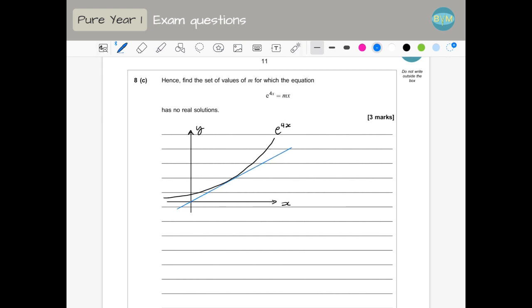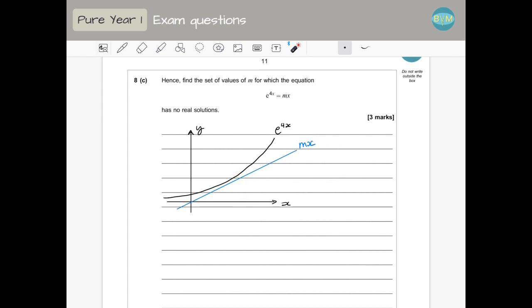The line is y equals mx. The gradient of this line, when the gradient changes, because we need to find m for no real solutions: if it increases, it will cut this graph. If it decreases, it won't cut.